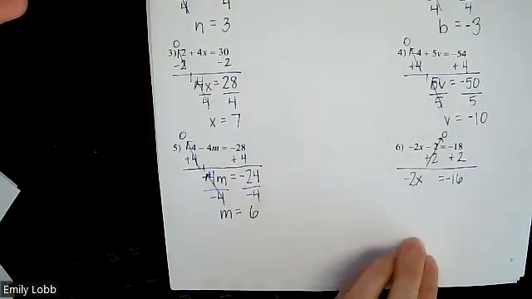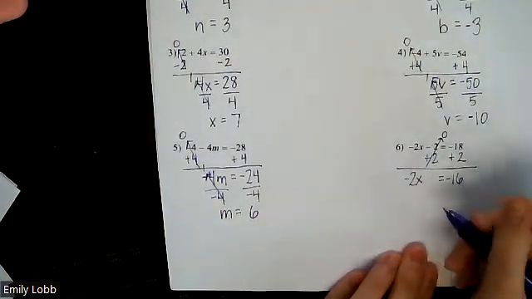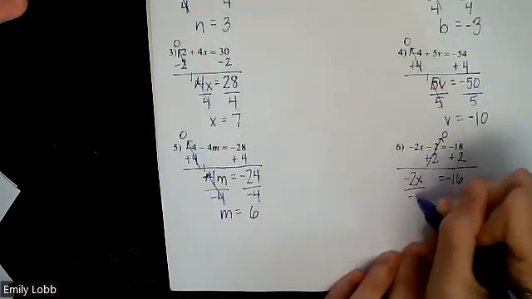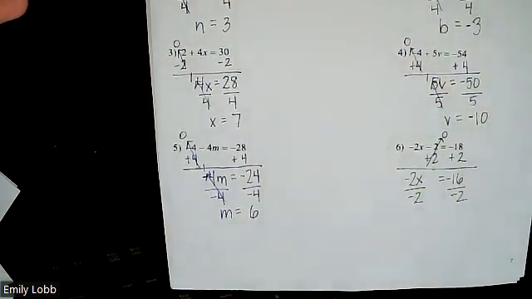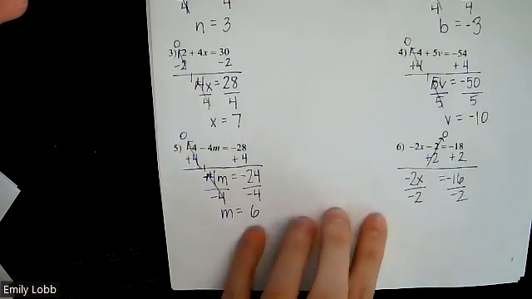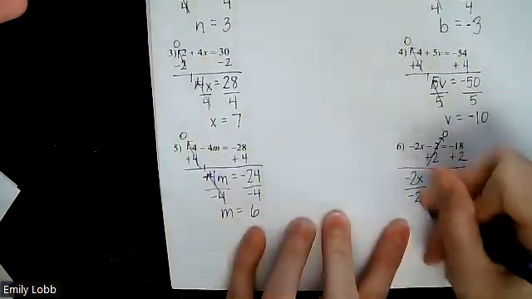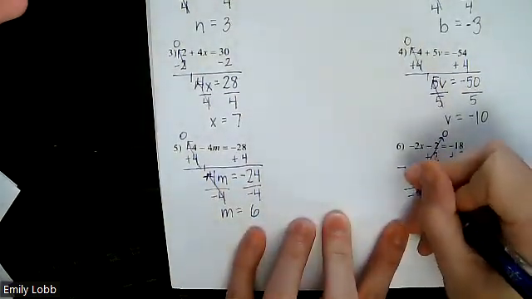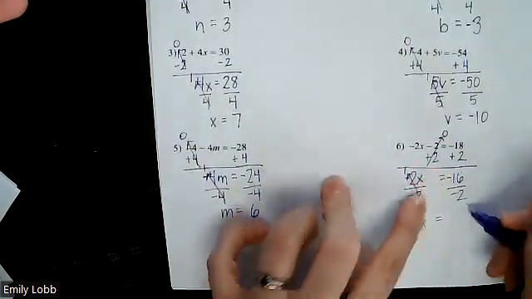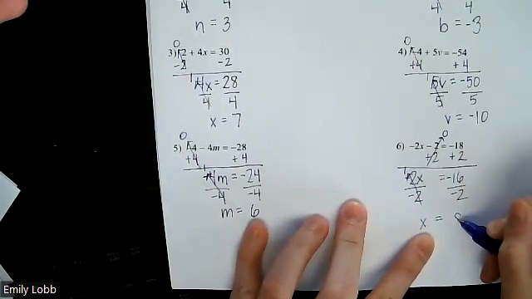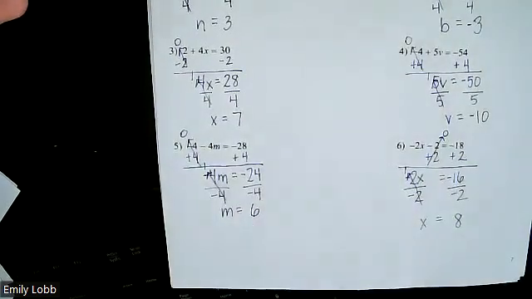I need to turn that into a 1, so I'm going to divide by itself. So 1, right? 1x is just x. 16 divided by 2 is 8, and my signs are the same, so it's positive.